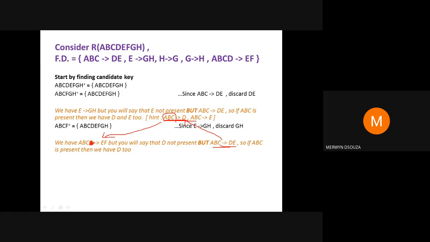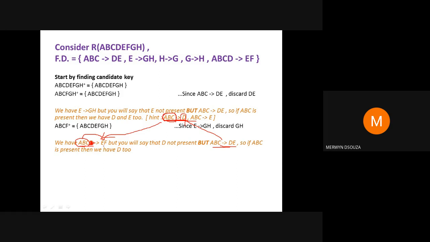Since these three attributes are sufficient to determine D, we do not need 4 attributes here. We can substitute that with ABC only, and we can say that ABC determines EF.